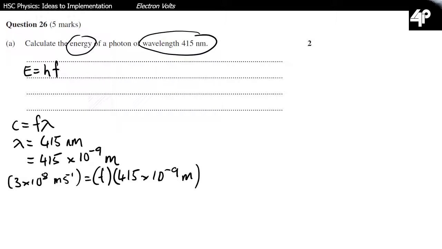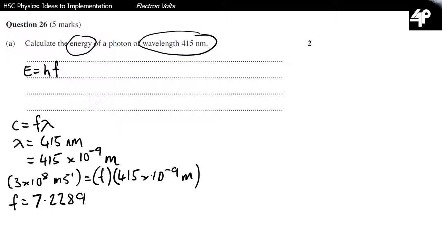It's time to grab your calculator out, and this will give you a frequency. We're just going to take the speed of light, 3 times 10 to the 8, and divide it by that wavelength, 415 times 10 to the negative 9. This gives us a frequency of 7.2289.